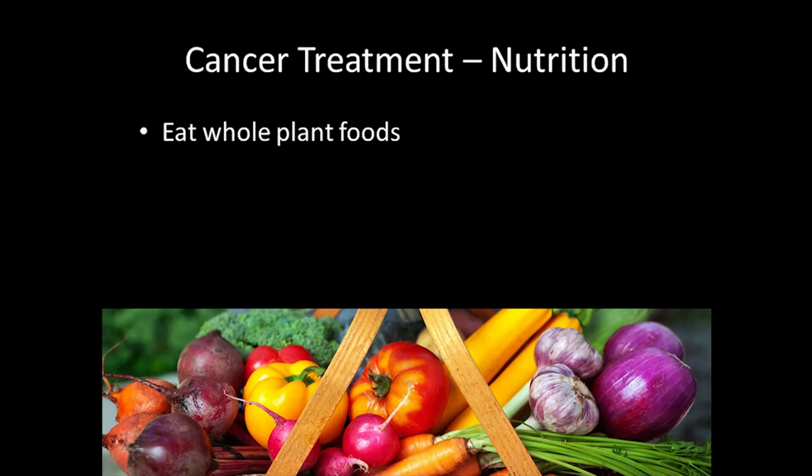Whole means that you can tell what the thing is, right? The closer it is to how it grows, the better it is for you. Like, beets are good. Beet chips are not as good. Beet veggie sticks that are all full of air and all that kind of stuff, they're even less good for you, right? The kale chips are so hot now.